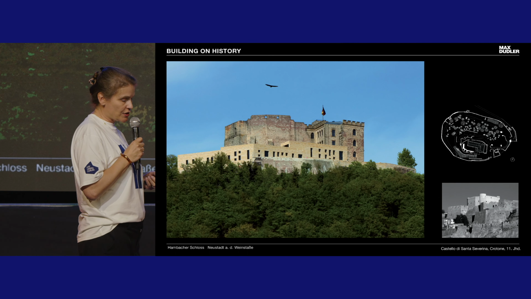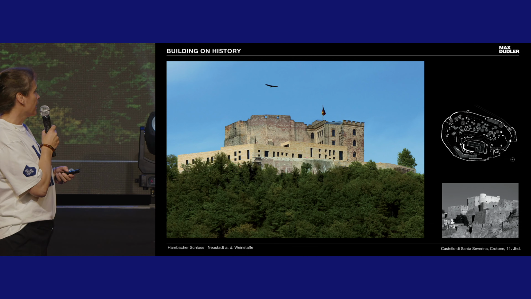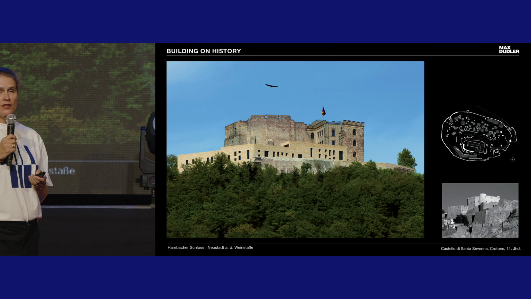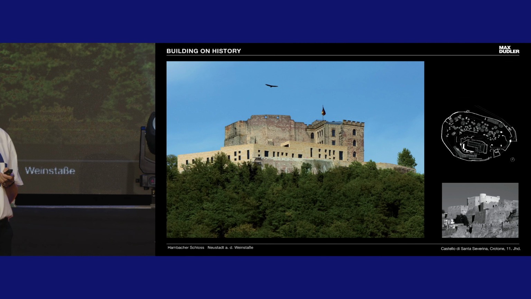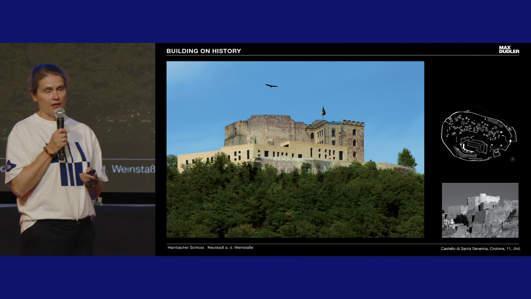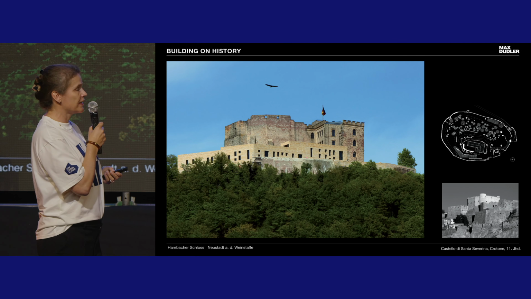We were commissioned to make two additions, a restaurant and an entrance building. What we decided on was to continue the original structure, which was like the castle on top of the structure, the hierarchy of the structure, and then the defense wall.